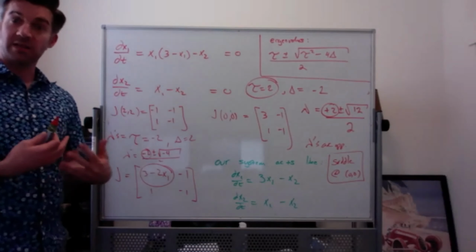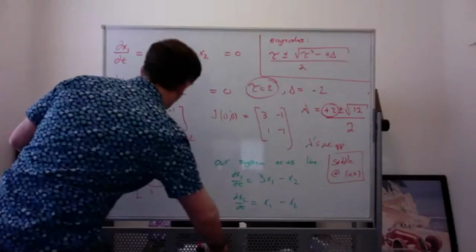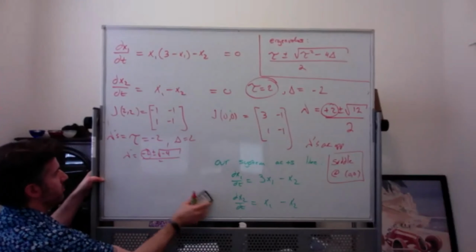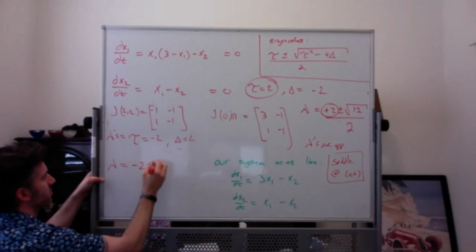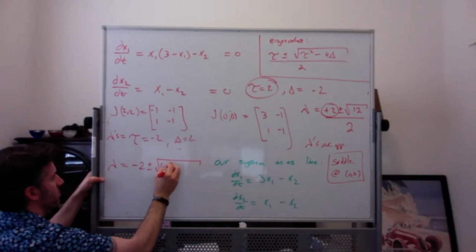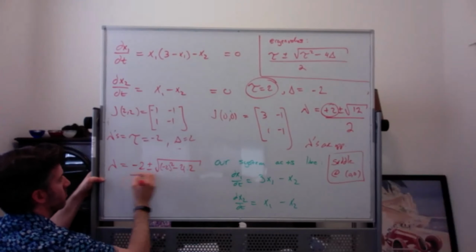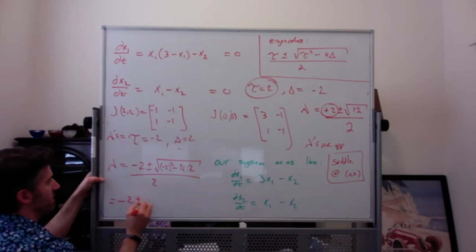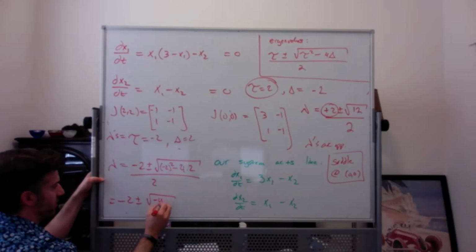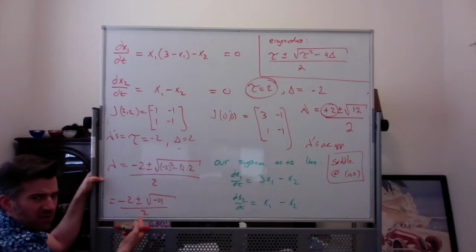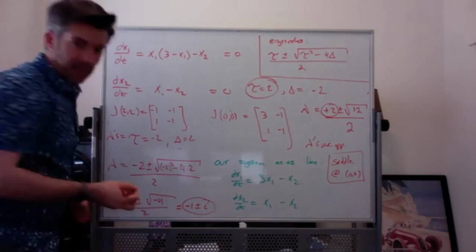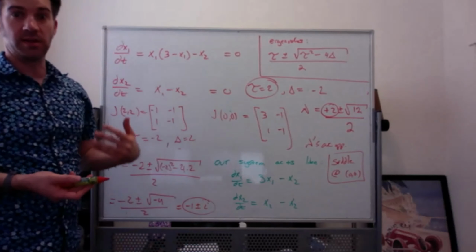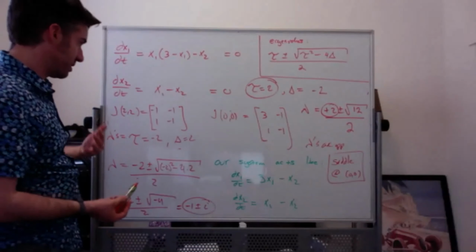So that means it's going to be a stable spiral. Sorry, I'm getting a little crammed here. That's negative 2 plus or minus the square root of 4 minus 8, which is negative 4, all over 2. You could simplify this further, but there's really no need. This simplifies to negative 1 plus or minus i. But in either case, we see they're complex with a negative real part, meaning that we have a stable spiral.